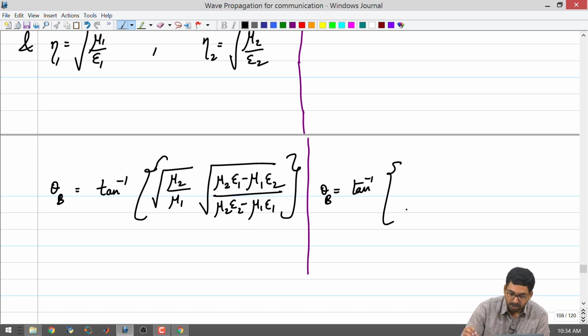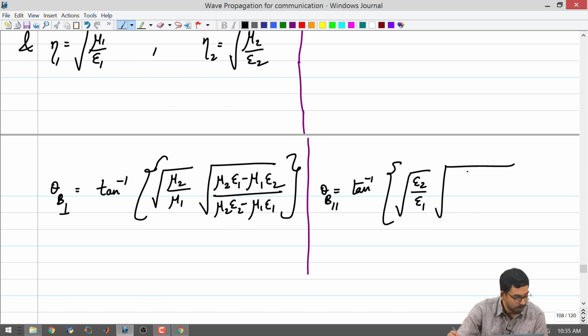To indicate that we are dealing with parallel and perpendicular cases, I am just writing a suffix of perpendicular and parallel. Turns out that theta b is tan inverse of square root of epsilon 2 by epsilon 1 times square root of mu 1 epsilon 2 minus mu 2 epsilon 1 divided by mu 2 epsilon 2 minus mu 1 epsilon 1.